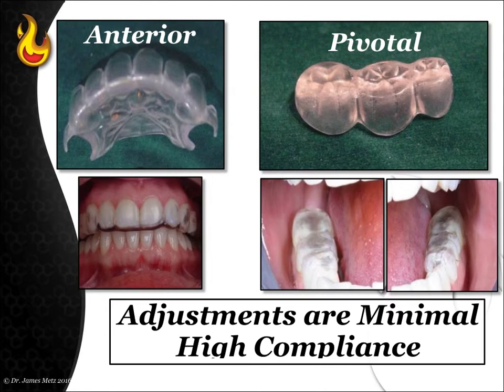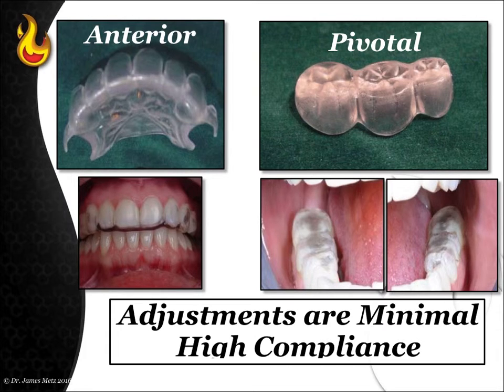The next is the two appliances I use for controlling TMD. One is the anterior appliance and the other is the pivotal. I get high compliance, but I want to stress that even though these work very well and I've used them for a lot of years, we move directly into a Herbst appliance as soon as the patient is stabilized with the TMD.